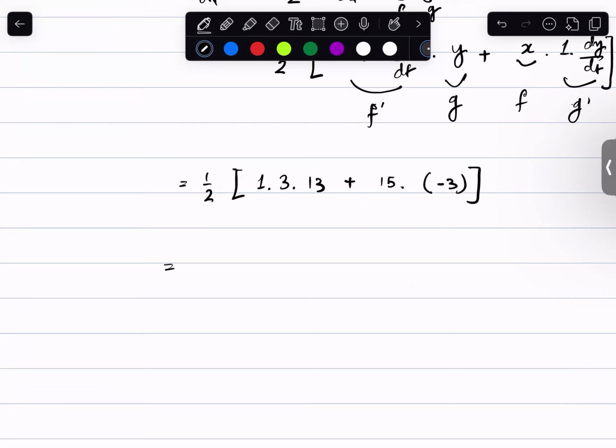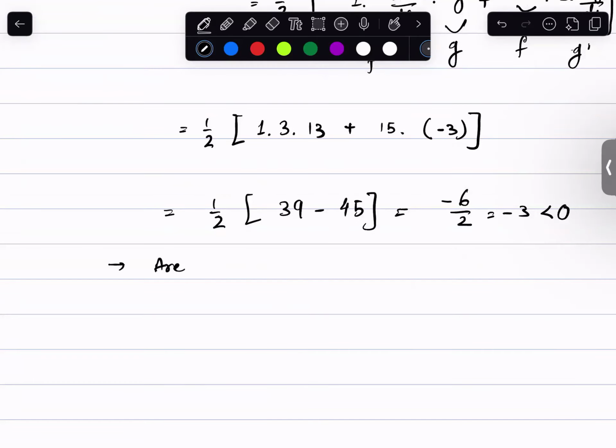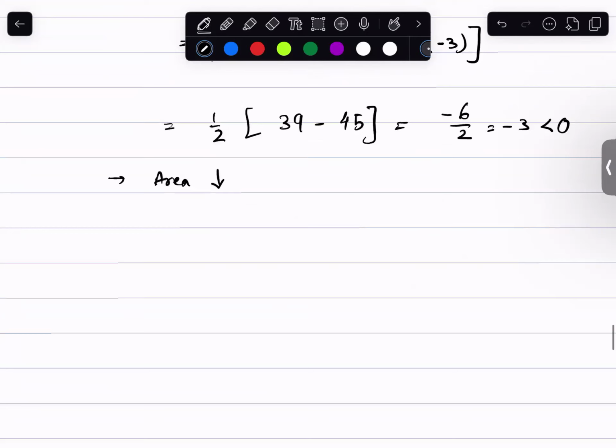So I get half times 39 minus 45, which is -6 over 2, which is -3, which is less than 0. So therefore, the area is decreasing. Okay, cool.